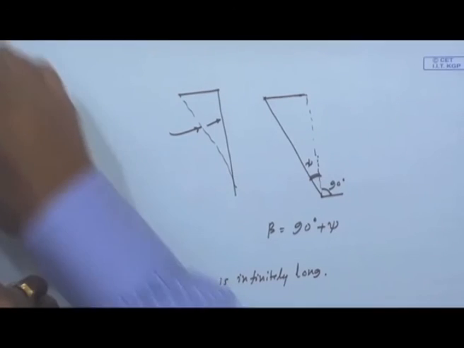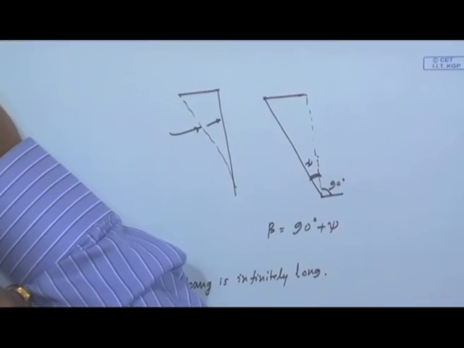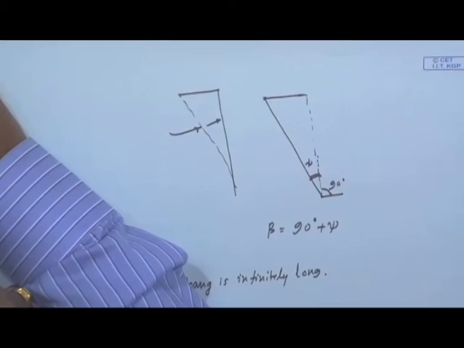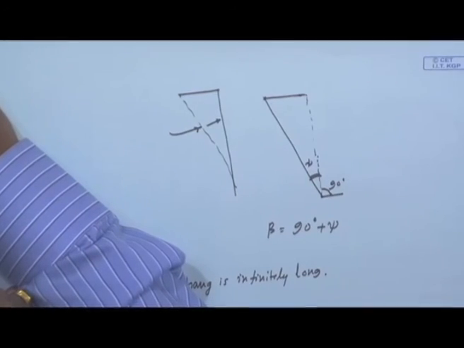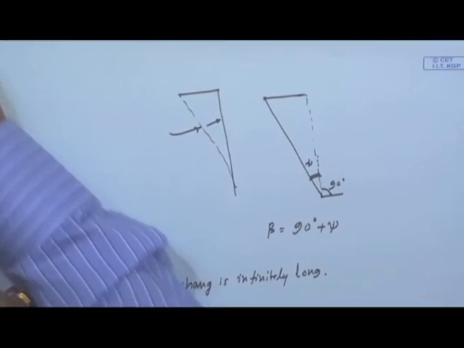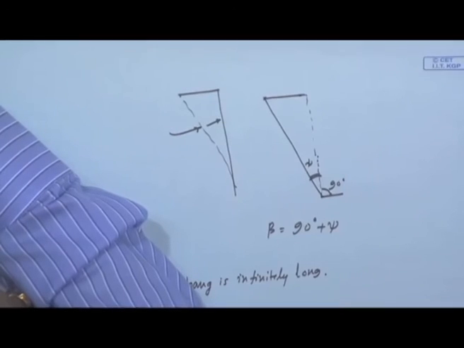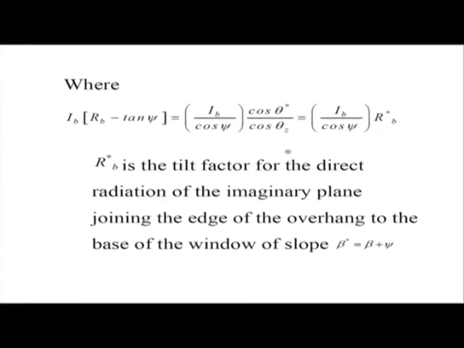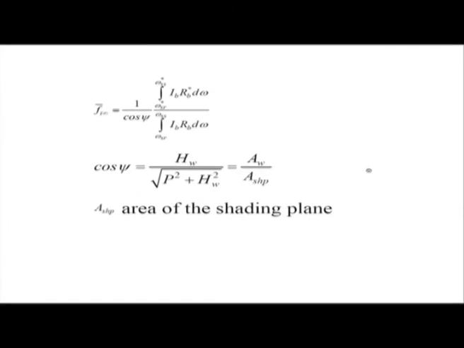So, essentially you can rewrite your A star, B star and C star in terms of beta star, where beta star is beta plus psi. These are the standard ABCs for your cos theta expression, A plus B cos omega plus C sin omega, which we have used a large number of times. So, this is the tilt factor for the shading plane.